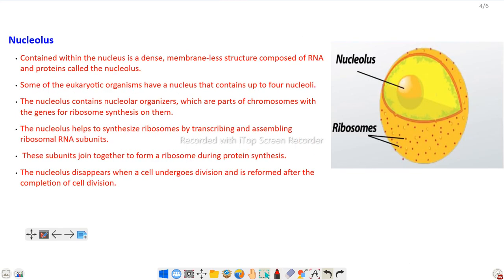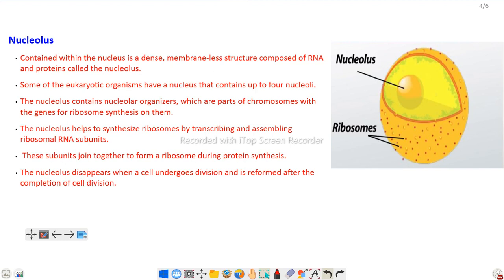The next important part is the nucleolus. The nucleolus is the central part of the nucleus. Contained within the nucleus is a dense membraneless structure composed of RNA and protein called the nucleolus.